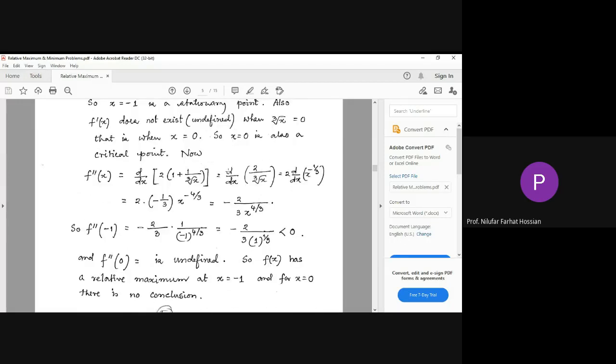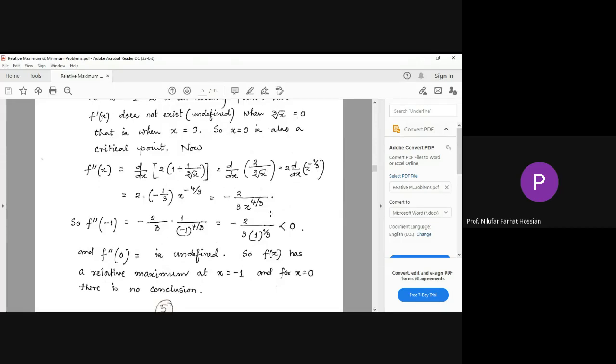Yes, d/dx of 2 into 1 over cube root of x. 1 over cube root of x means x to the power minus 1/3. 2 can be taken outside and d/dx of this will be minus 1 by 3 into x to the power minus 1 by 3 minus 1. That means minus 4 by 3. So it becomes what? Minus 2 by 3 into 1 by x to the power 4 by 3. I am taking it to the lower side because the power was negative. Okay, this is the expression for the second order derivative.